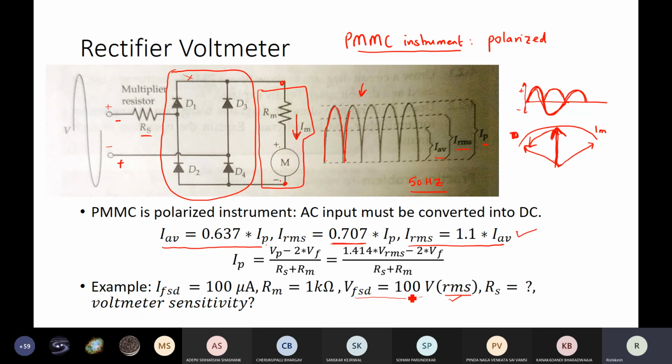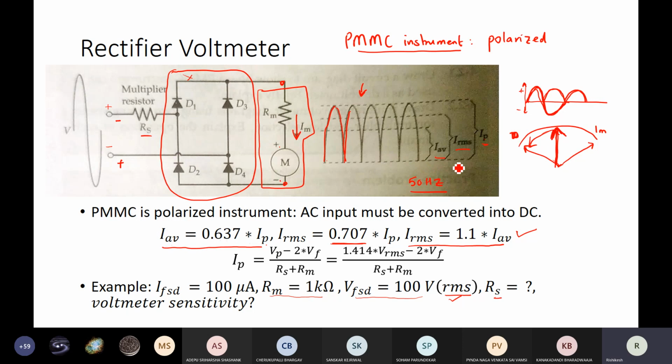So if we are designing a voltmeter for 100 volts, let's say, with a meter which has a full scale deflection of 100 microampere and a meter resistance of 1 kilo ohm, and you are asked to calculate the value of series resistance that needs to be connected in series. Now for that calculation, remember that your meter must withstand the peak current that will flow through it.